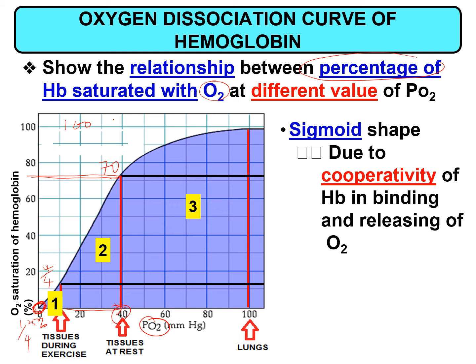There are 70% hemoglobin saturated with oxygen, meaning out of 100 there will be 70 hemoglobin that is saturated with oxygen, 70 times 4, because each saturated hemoglobin has all 4 subunits bound with oxygen. Understand?